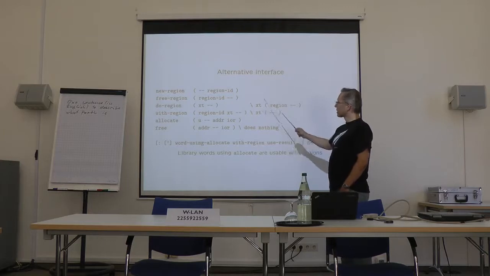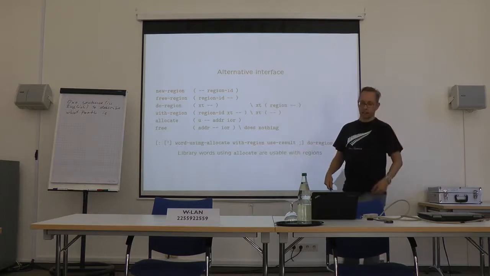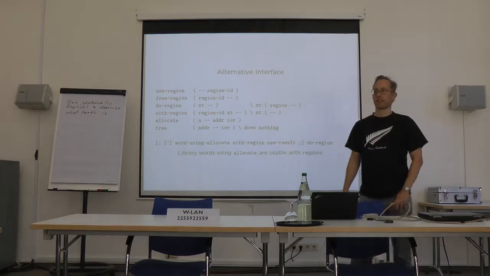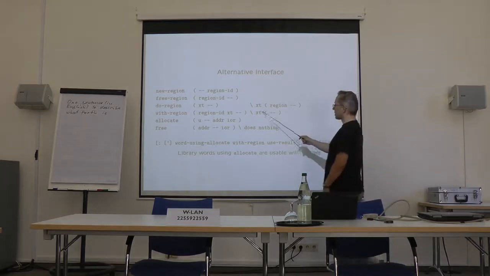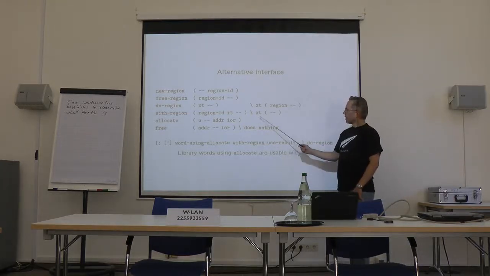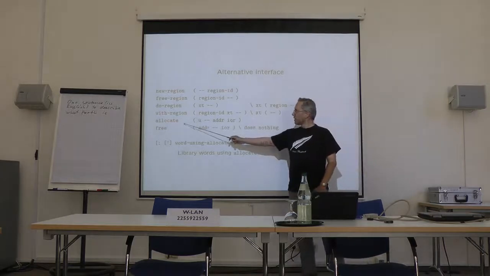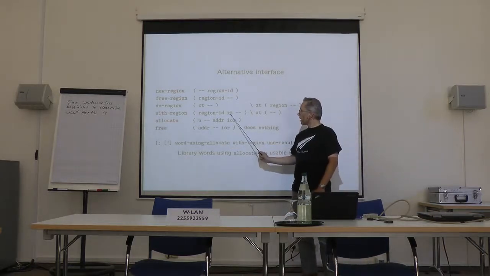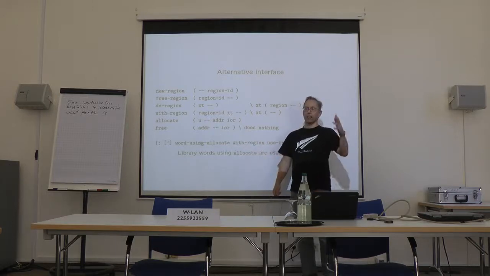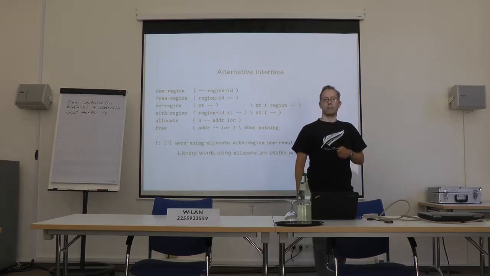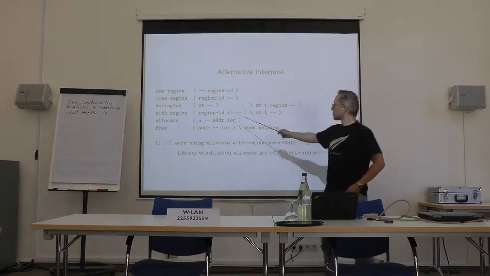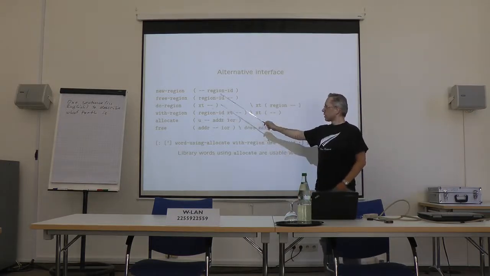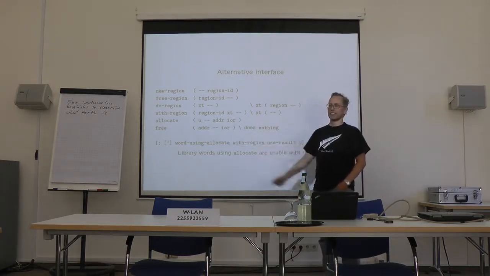The region is an implicit parameter within this xt. When I do an allocate while executing in this region, it will actually allocate from this region ID. And when I do a free, it will ignore it.